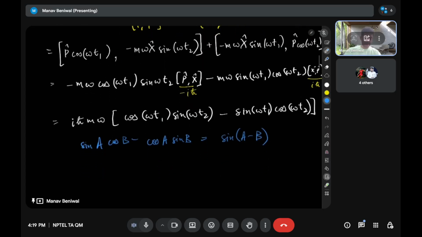Notice that we have an additional minus sign here, so we can take one minus sign here, make this minus, make this plus. So then we will have minus iota h cut m omega, and this becomes sine of omega (t1 minus t2).